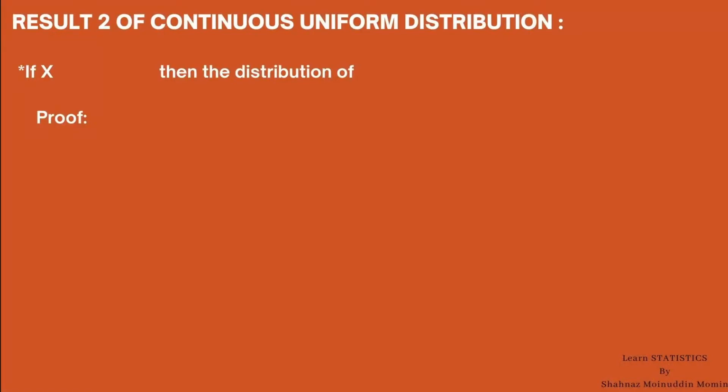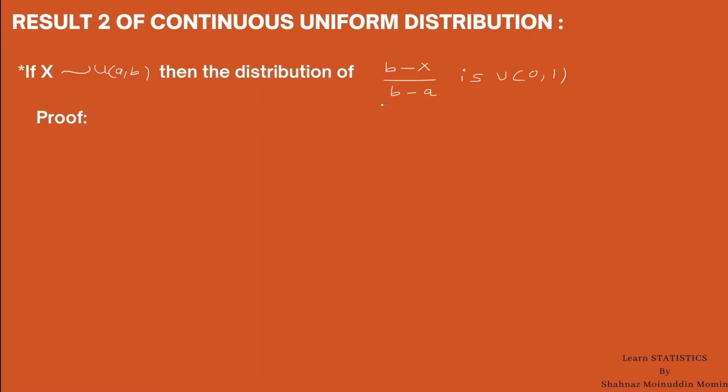Result 2 is: if X follows a uniform distribution over the interval a to b, then the distribution of (b minus X) divided by (b minus a) is uniform 0 1. This is the result 2.